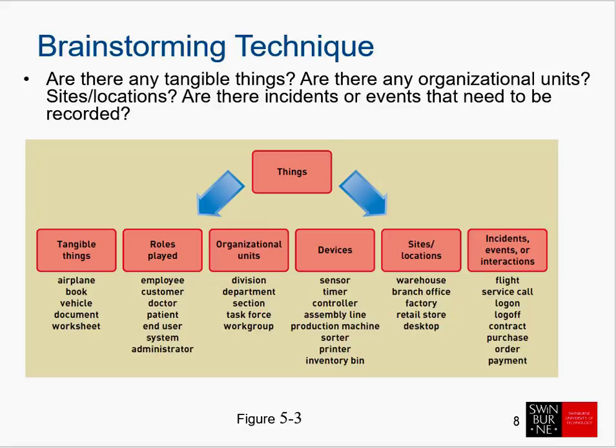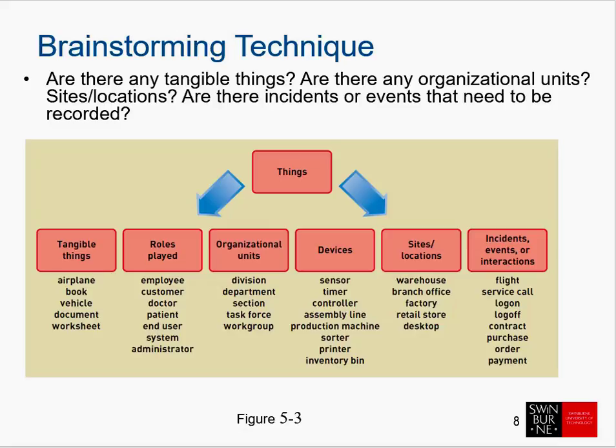Many things in the problem domain can fit into more than one type sometimes. For example, a vehicle might be thought of as a device, and also it can be a tangible thing. Either way, the important point is to identify all the potential things in the problem domain.